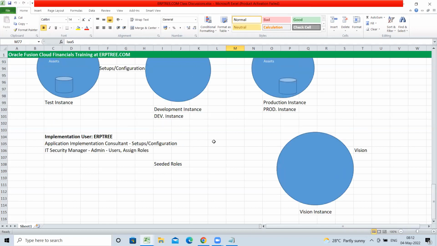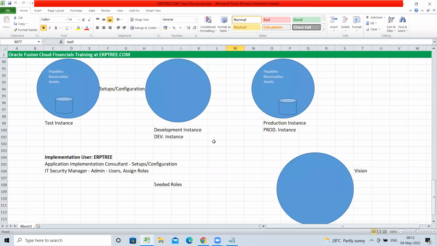When we get access to an instance, how to create our own user was also discussed in the last session. If you are going to create your own user, we have to assign a minimum of 2 roles: Application Implementation Consultant and IT Security Manager. The Application Implementation Consultant role gives access to perform the setups.